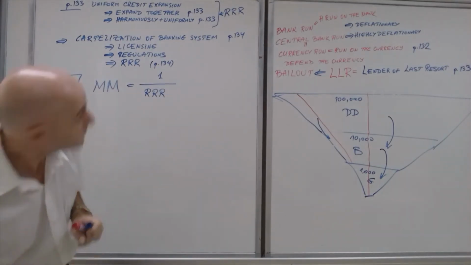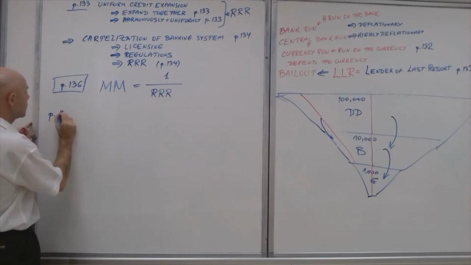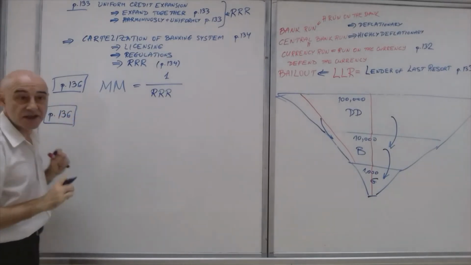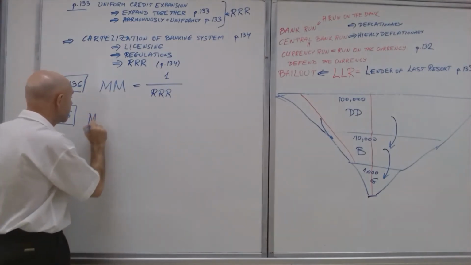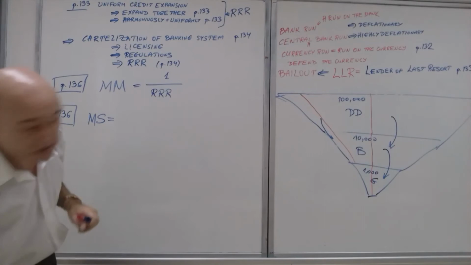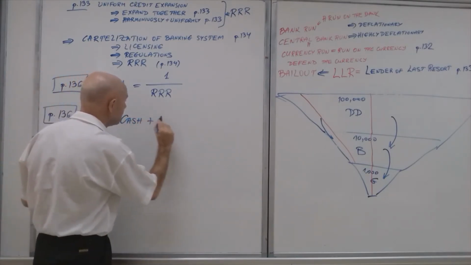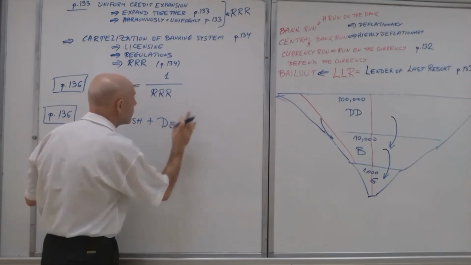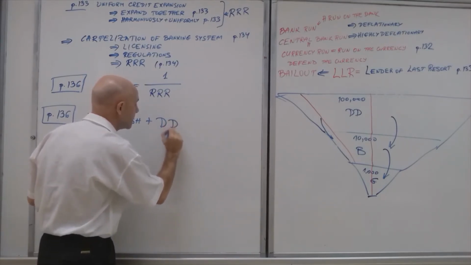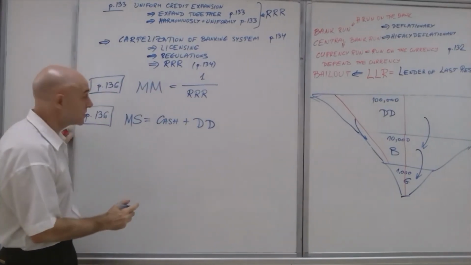And next, again, page 136, I already discussed last time, is money supply equals cash plus demand deposits.